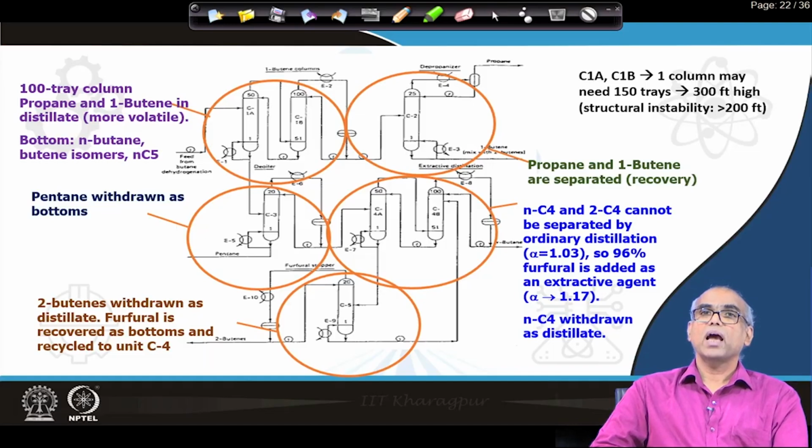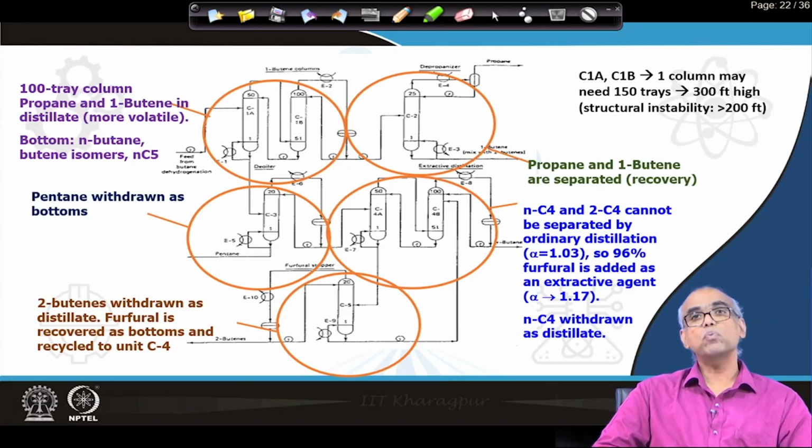So, 1-butene and those 2 butene isomers, because these 2 butenes that we separated here at the end from C5 column are mixed with 1-butene and sent to another dehydrogenation unit for production of butadiene. So, perhaps a better sequence will be where we do not require to cause the separation among these butenes. That perhaps will be more cost effective and will improve process economics.